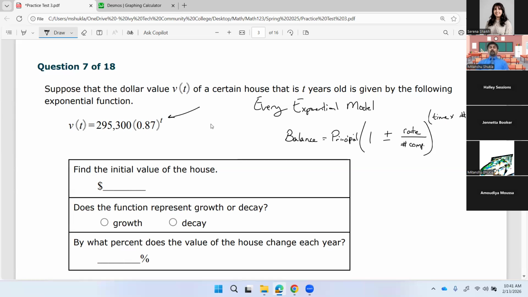So in letters, this looks like B for balance is equal to P for principal, 1 plus or minus R for rate over N for the number of times that I compound, raised to the T times N. T for time. Okay? The plus tells us that something is growing.